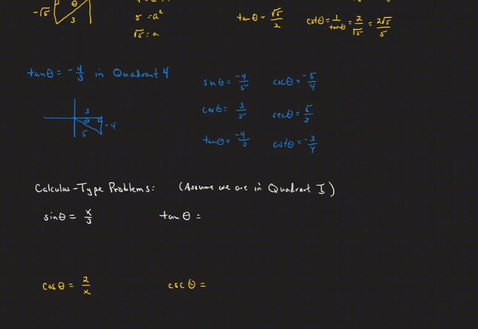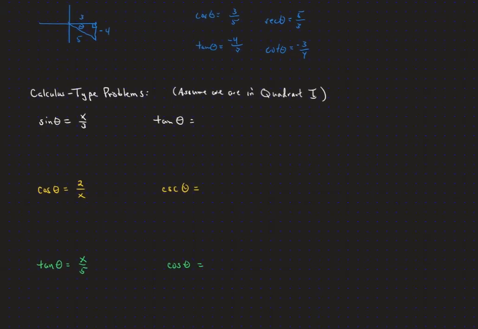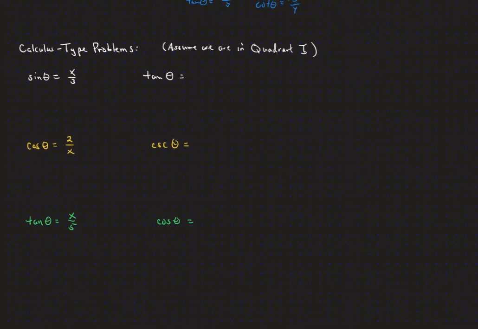Okay. Now we take the same idea that we've just been doing, but we add maybe a layer of complication in that instead of just a sine or a cosine or a tangent given as a number, it's going to have an x in it. This comes up in calculus next year. So we are still going to do the same idea.